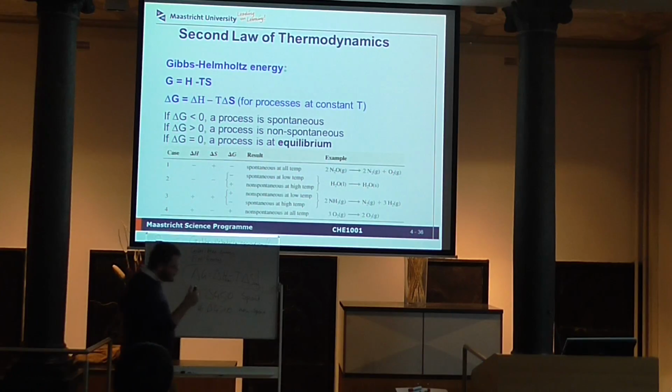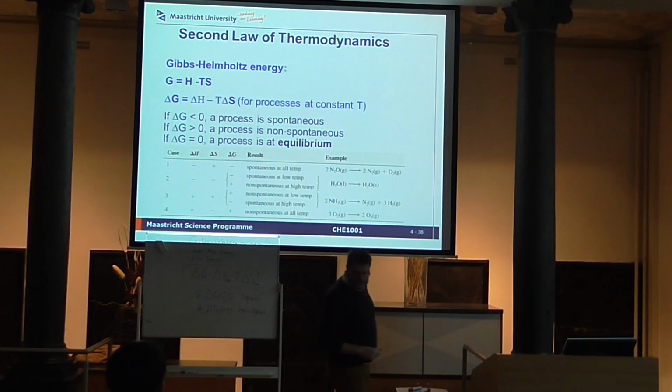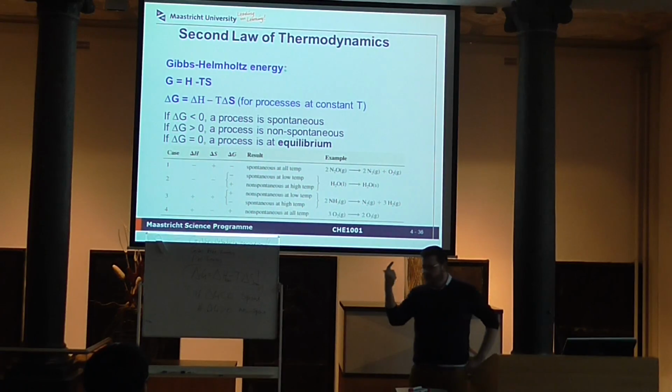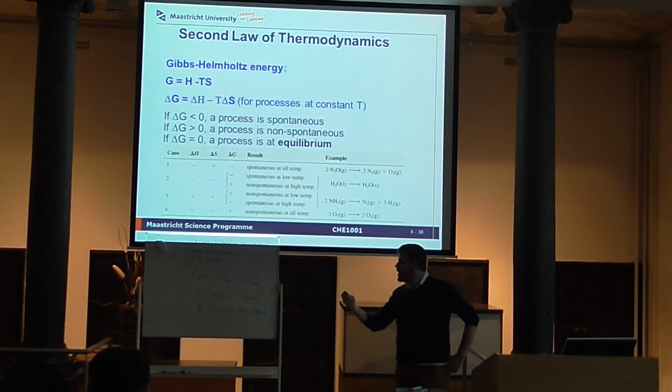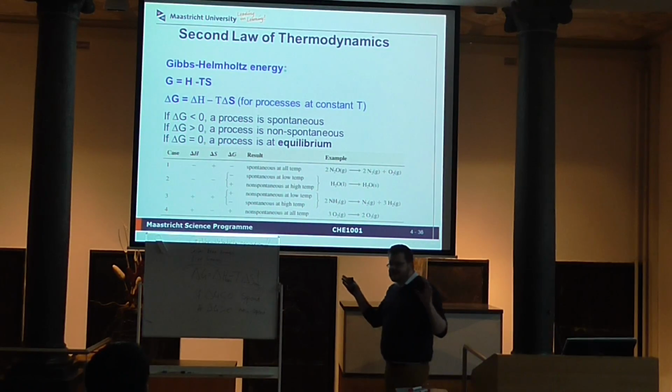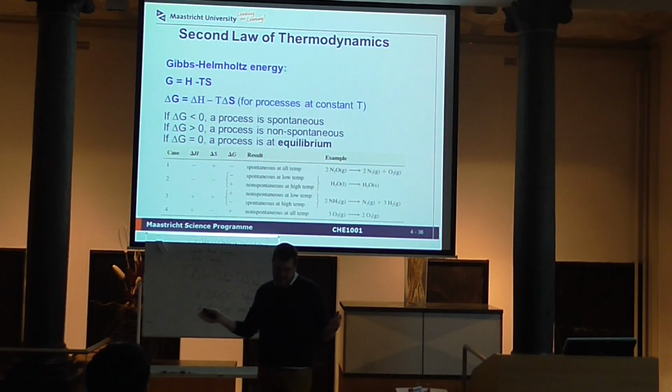And if we have a positive enthalpy, in other words, an endothermic process, case 4, and we have a negative entropy change, for example, the conversion of oxygen to ozone, right? Believe it or not, while the entropy is going down, it's going to be non-spontaneous at all temperatures.